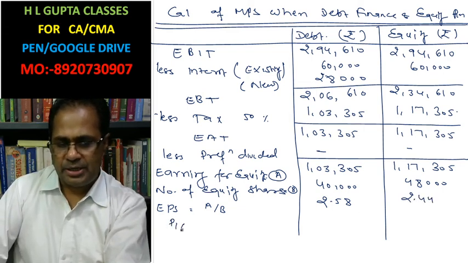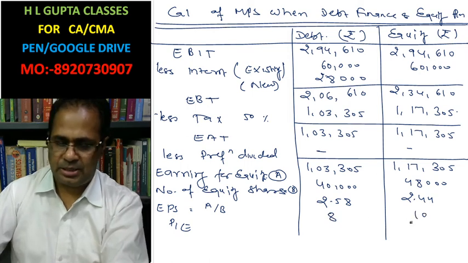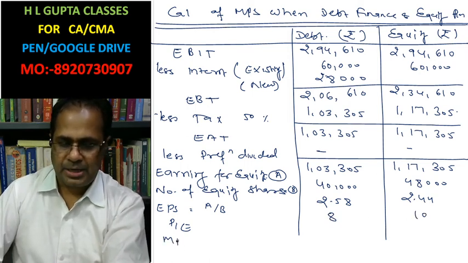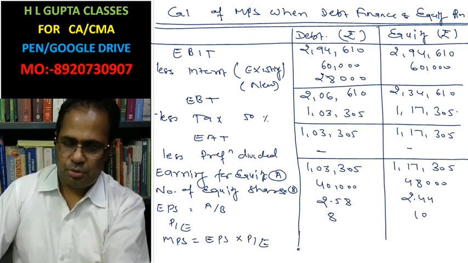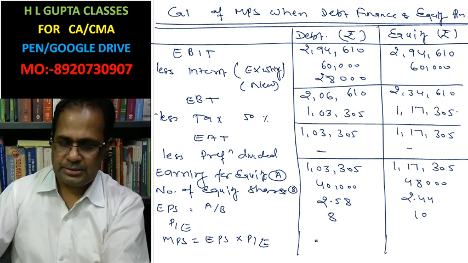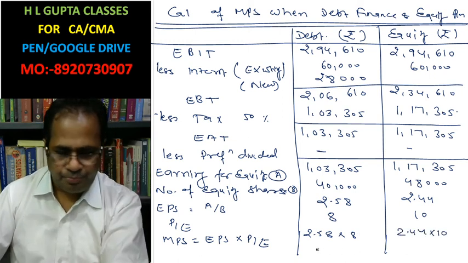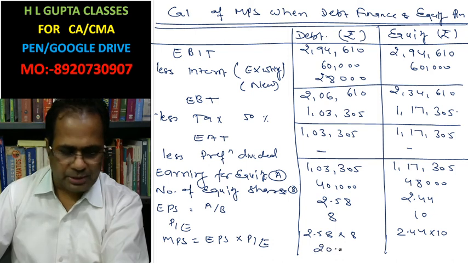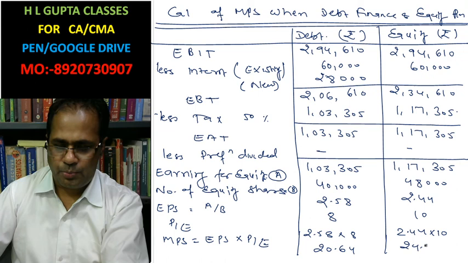Now, the price earning ratio is 8 in the debt case and 10 in the equity case. Market price per share is EPS into price earning ratio: 2.58 into 8 is 20.64, and 2.44 into 10 is 24.40.